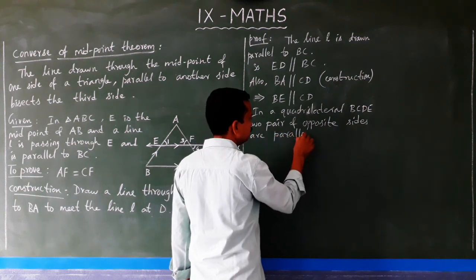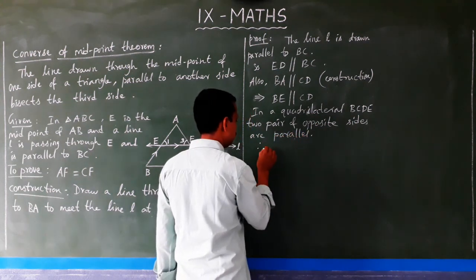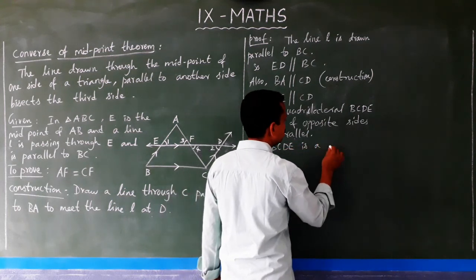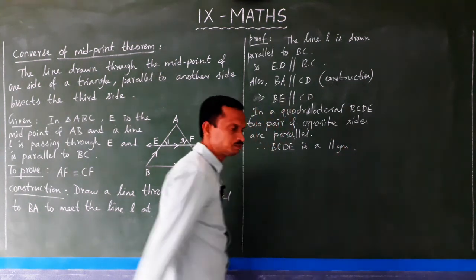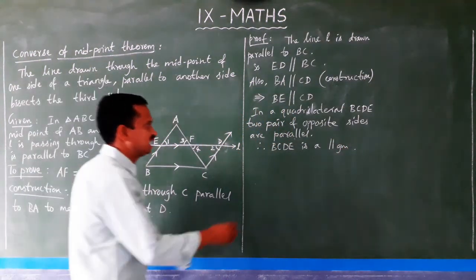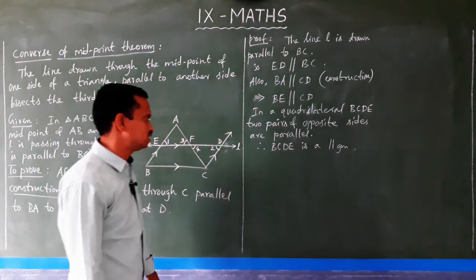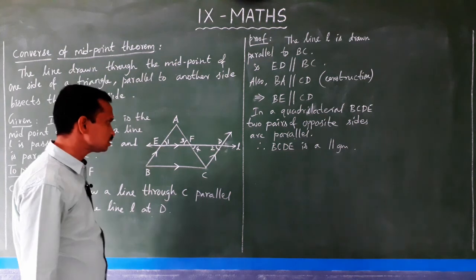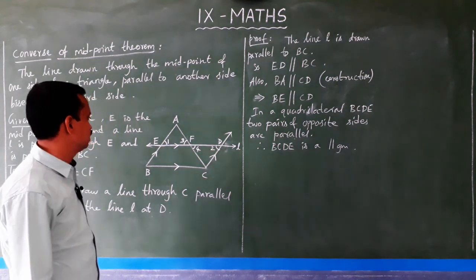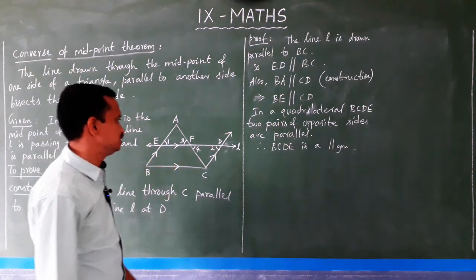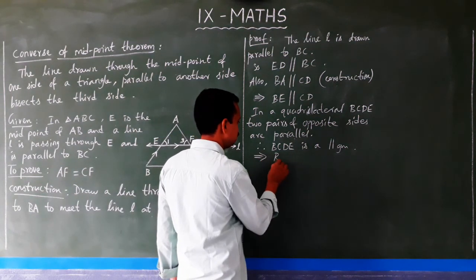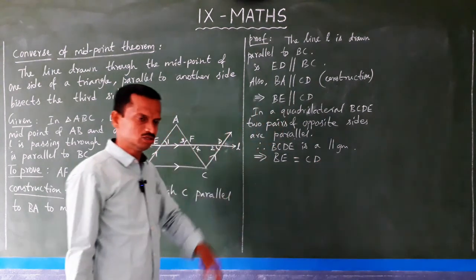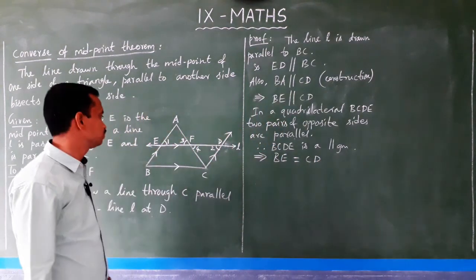So we can easily say, therefore, BCDE is a parallelogram. Yes? Since two pairs of opposite sides are parallel, we can say that the quadrilateral is a parallelogram. So after saying that, easily we can have BE equal to CD, because opposite sides of a parallelogram are equal.